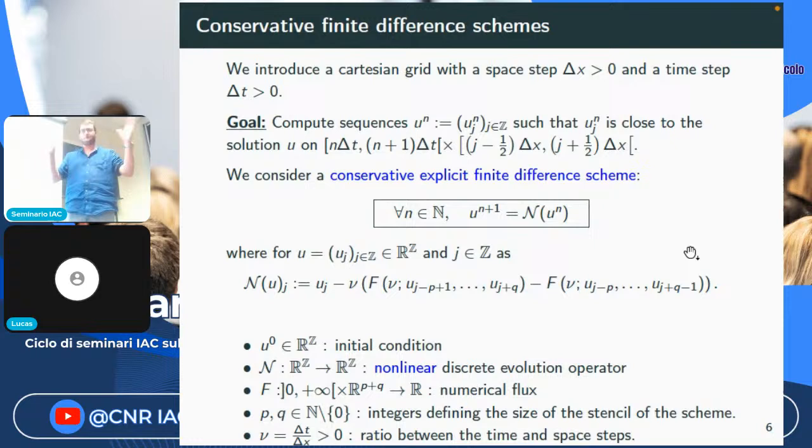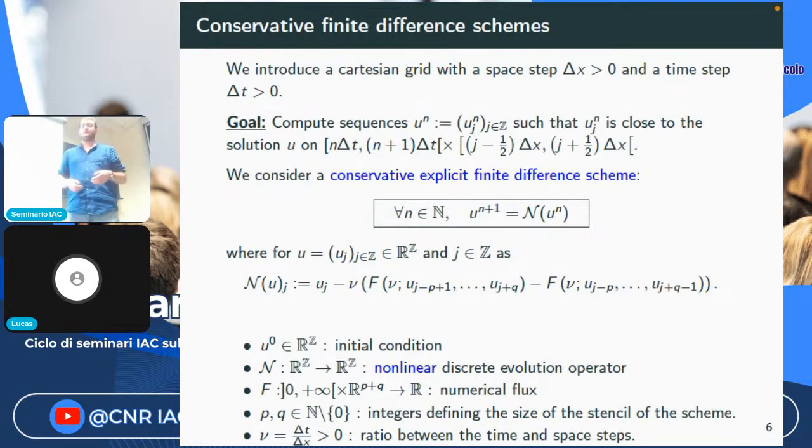You introduce a Cartesian grid for your space and time, with a space step delta x and a time step delta t, and the goal is to find values at each node of your grid, so that the value at the point should be a good approximation of the solution, at least on some cell, which is defined here, of size delta t and delta x in time and space. The question is, how do you compute those values u_j^n?